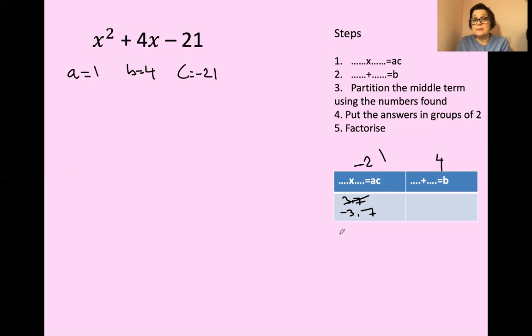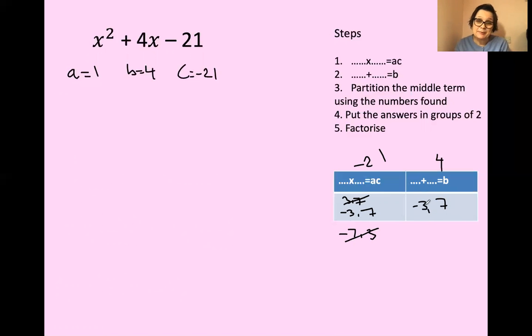Now, if minus 7 and 3 is the first pair of factors that came in your head, someone might think minus 7 times 3 is minus 21, but actually, is minus 7 plus 3 4? No, it's not. The answer is going to be minus 4. So this pair is not going to be our answer. So we have minus 3 and 7.